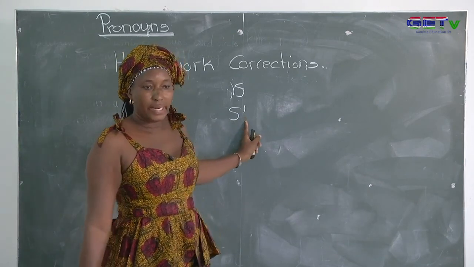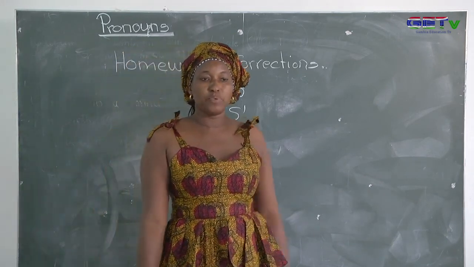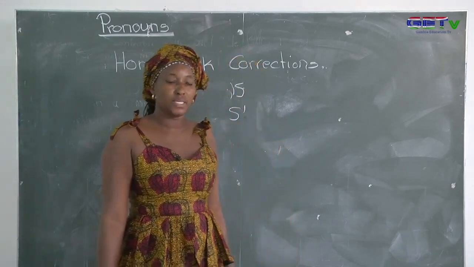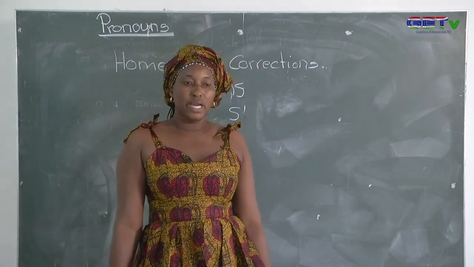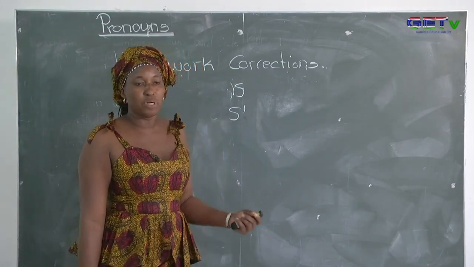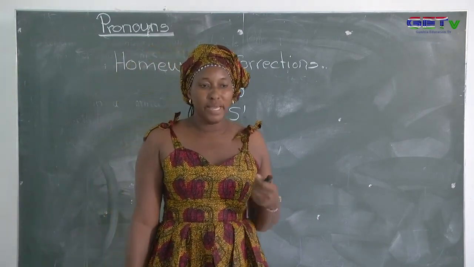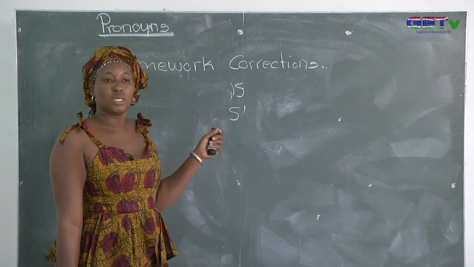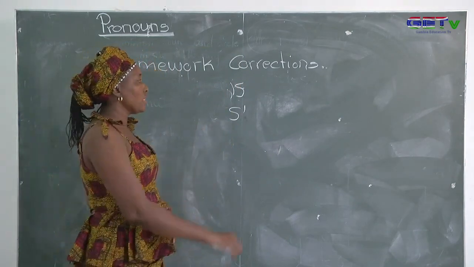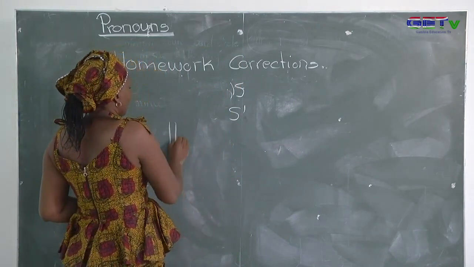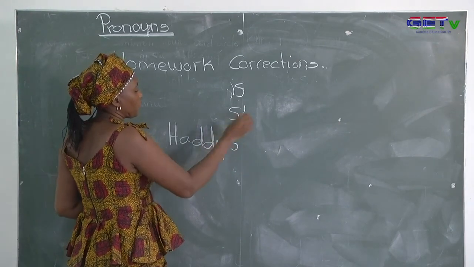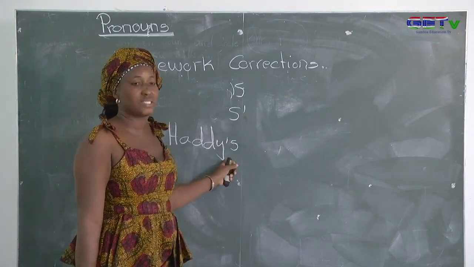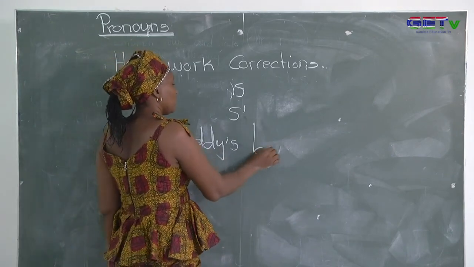Number 1 says the book possessed by Hadi. Here we are showing that the book belongs to Hadi. Then, to make it short, we say Hadi's book. Hadi, apostrophe S, Hadi's book.